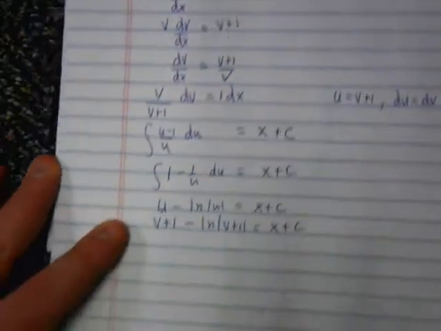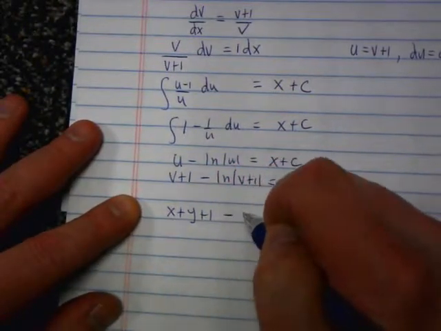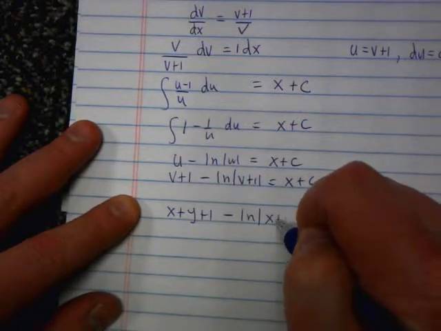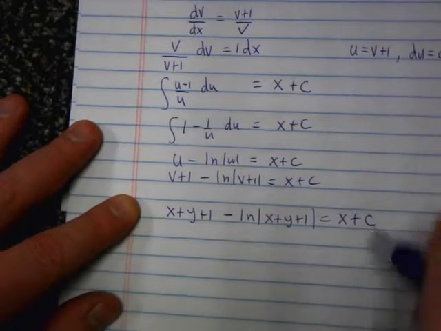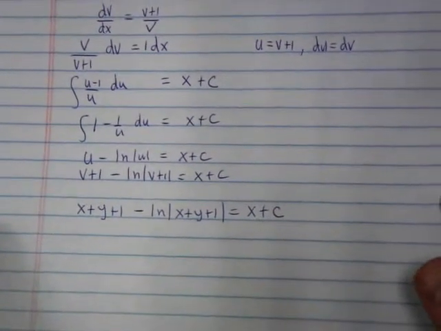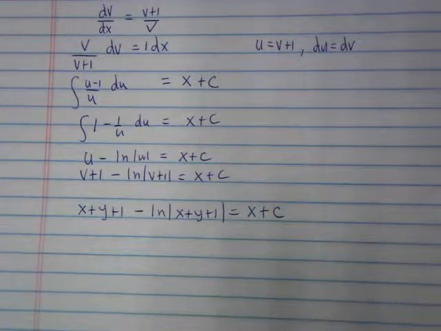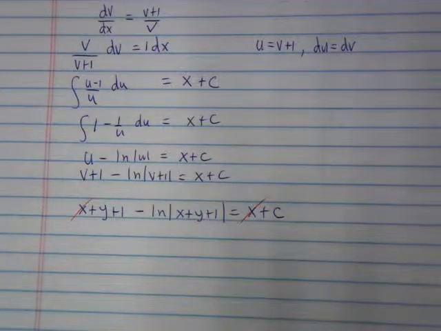So it looks like our final answer is x plus y plus 1 minus ln of x plus y plus 1 equals x plus c. If I were going to simplify, I suppose I could reduce those x's on both sides.